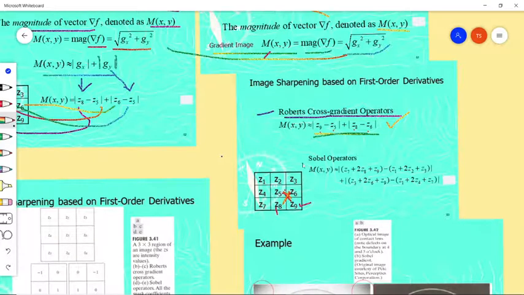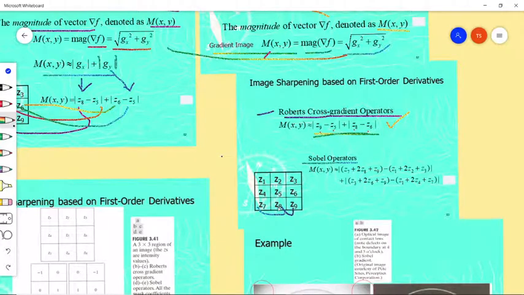And then the Sobel operator, an important one. The Sobel operator is another filter operation for sharpening the image. Listen carefully, and don't confuse the explanation. The Sobel operator is defined as Z7 plus 2Z8 plus Z9.